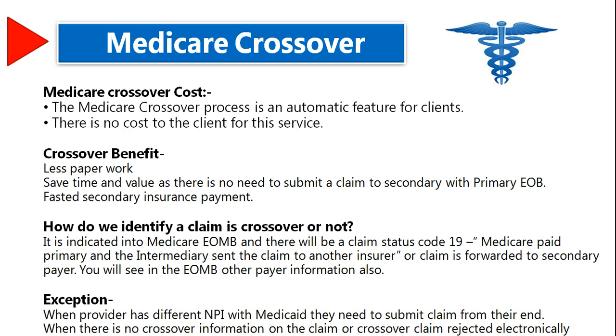In that case, provider has to submit a claim to Medicaid after processing of Medicare. The second condition is when there is no crossover information on the claim, or crossover claim is rejected electronically. In that case, we have to submit a claim from our end to secondary insurance company.